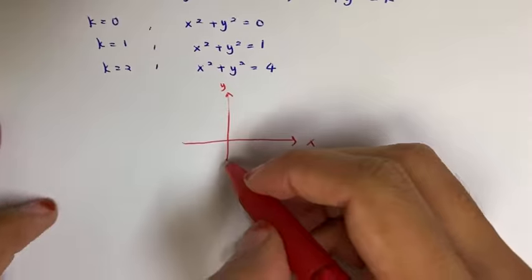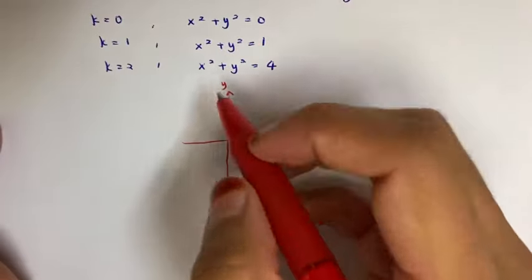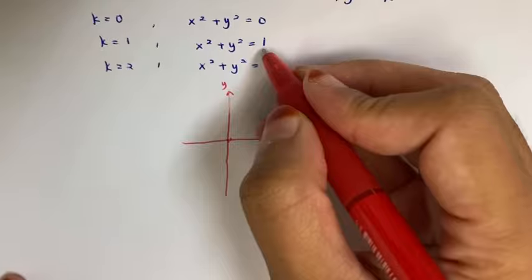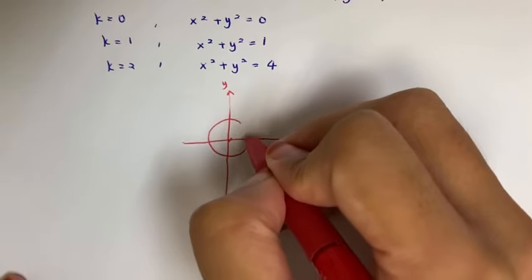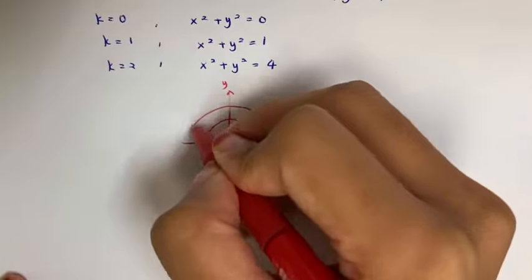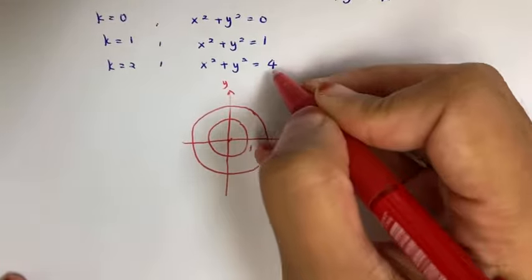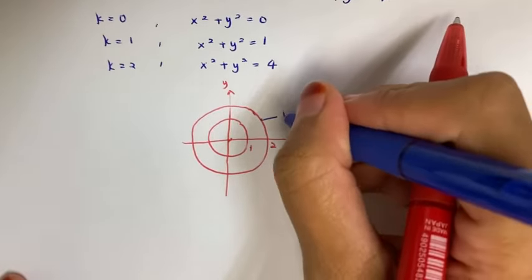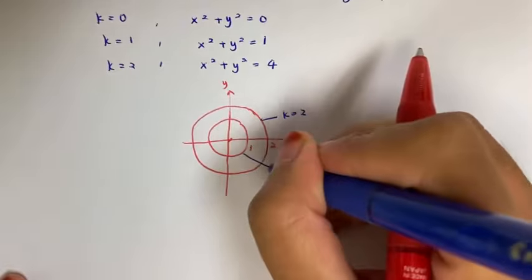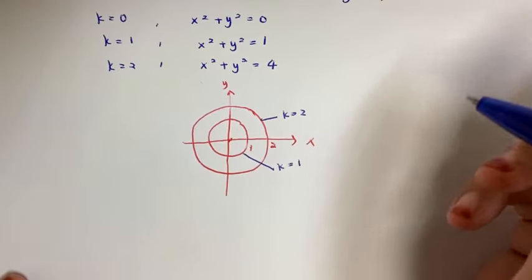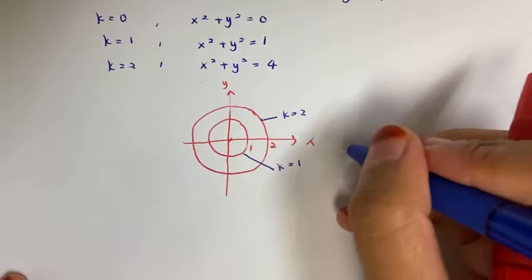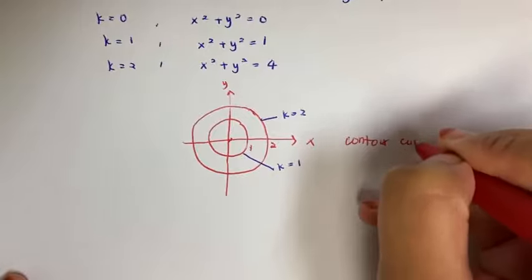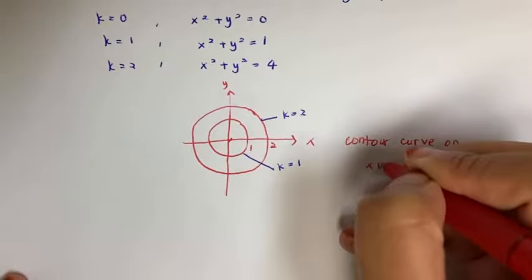So we have the first circle at radius 0 here, and then the second at radius 1, and then a circle at radius 2 here. So label this k equal to 2, while this one is for k equal to 1. This is the contour curve on the xy plane.